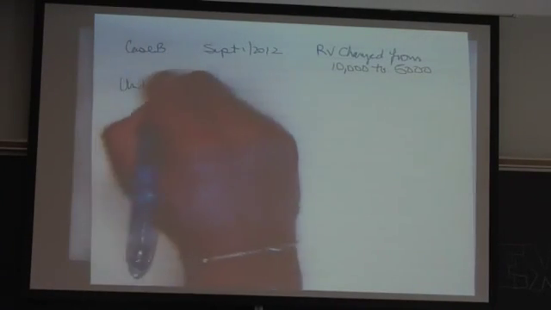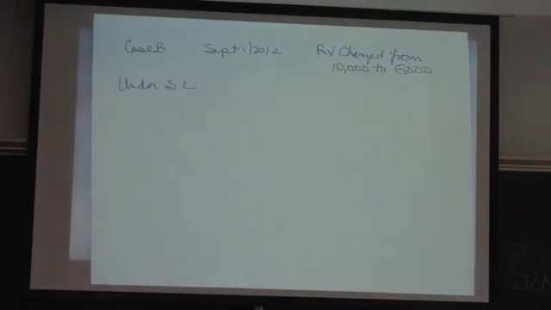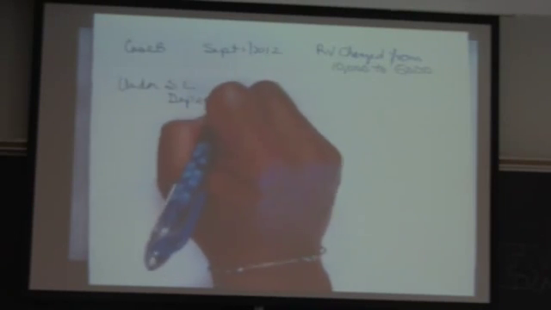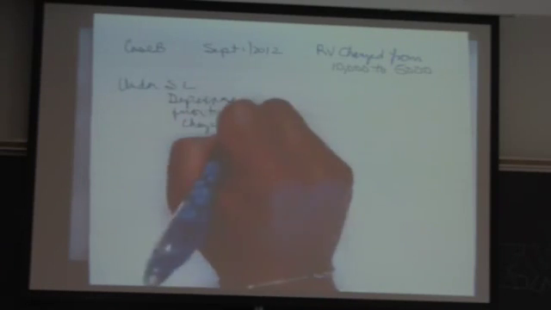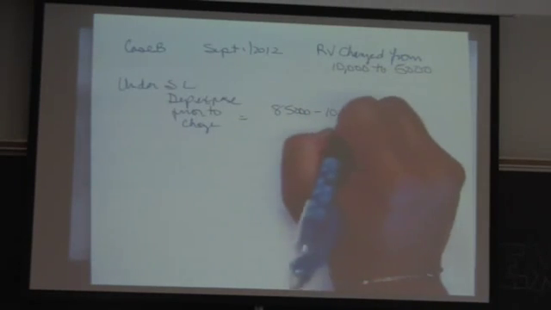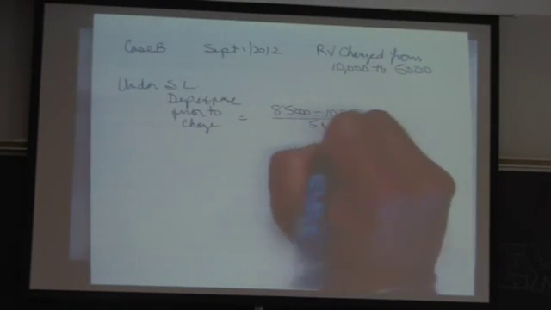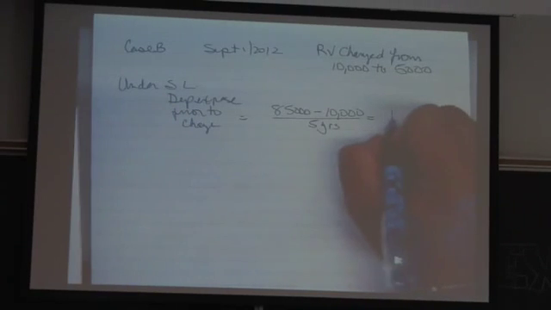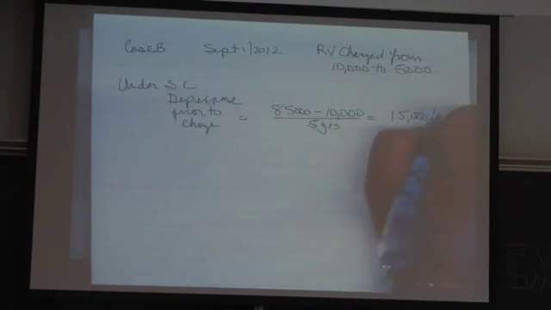So once again, we're going to calculate using straight line. So under straight line, the amortization or the depreciation expense prior to change, we know it's going to be 85 minus 10 divided by 5 years to give us 15,000 per year.